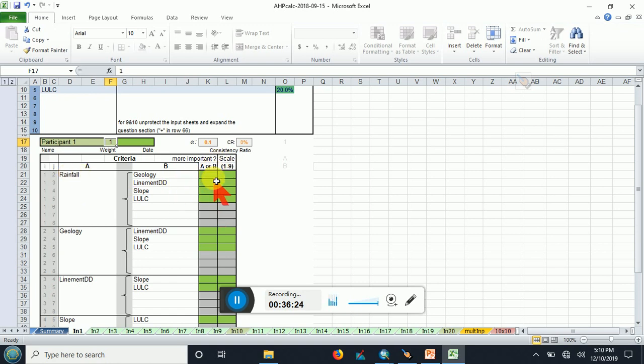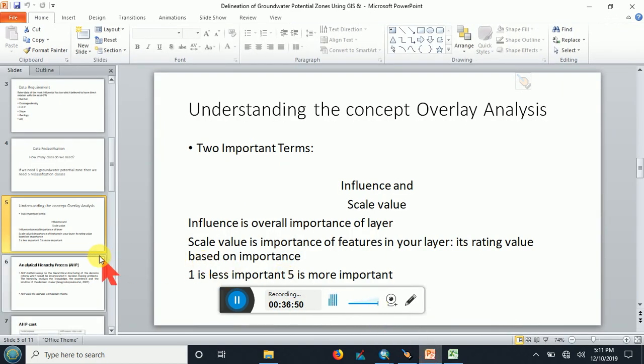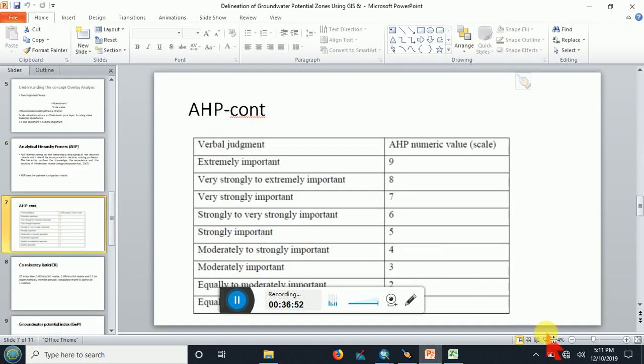So you have to give your decision here, and you have to give scale values from 1 to 9. When you give a scale value from 1 to 9, what does it mean, for instance, when you give 1? And what does it mean when you give 5? And what does it mean when you give 9? So those scale values mean like this.